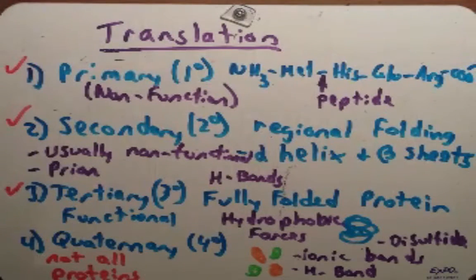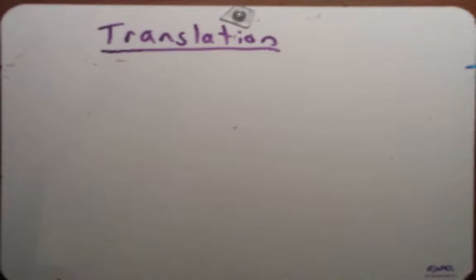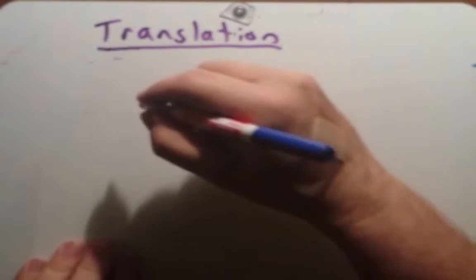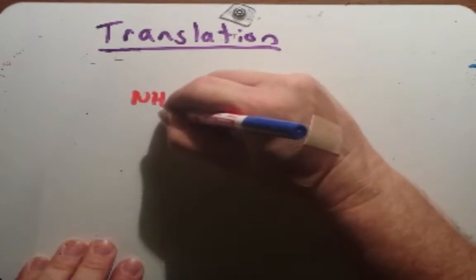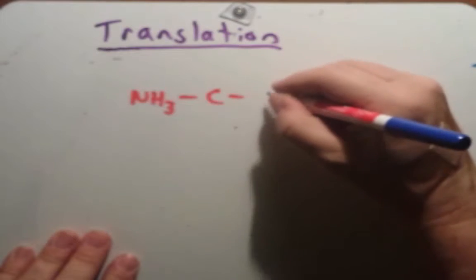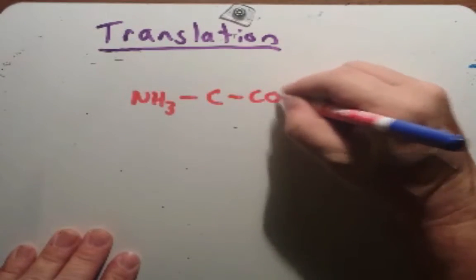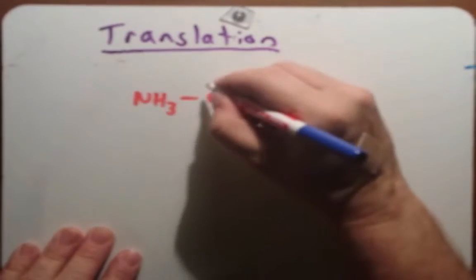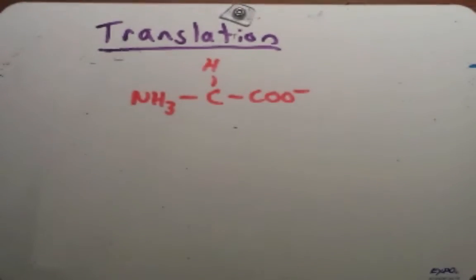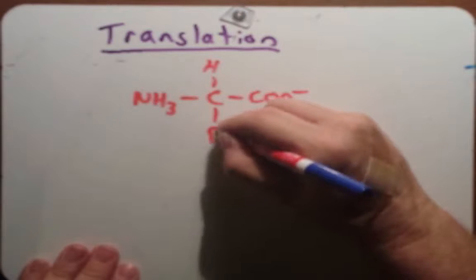Now I want to come back to hydrophobic forces, but I need to erase all this first. It's important to note that every single amino acid has a similar structure. We have an amino group here, we have a carbon here, and then we have a carboxyl group at the end. We also have a hydrogen here. Now what makes an amino acid different from another amino acid is what we call this R group.